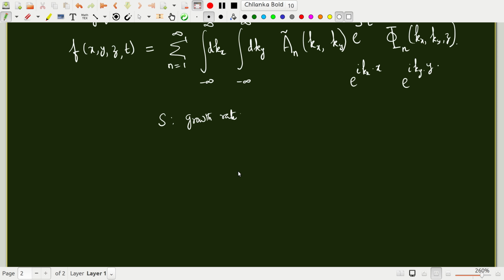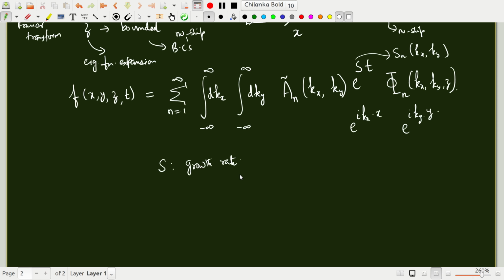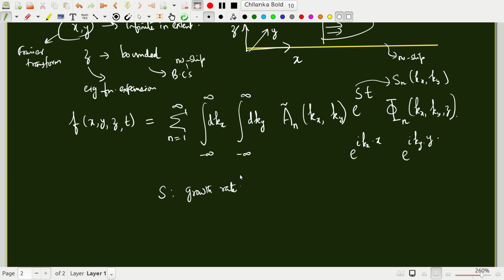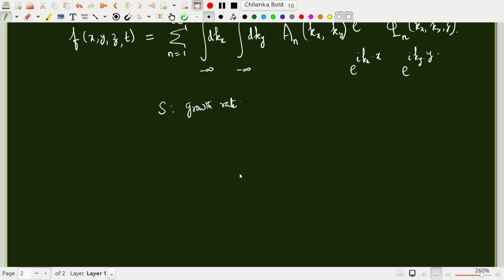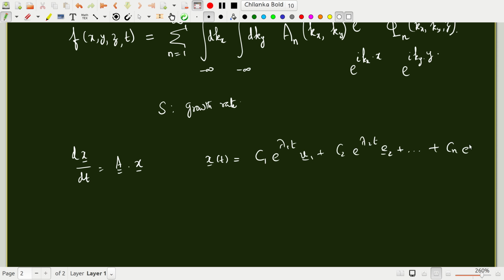Okay, now if you were to solve this, then you will have to specify initial conditions, and we don't want to specify initial conditions. In that context, I told you, in a finite dimensional space, suppose you have some linear problem like this, either you solve this as an initial value problem and write x of t in terms of some eigenfunction expansion, some c1 e to the lambda 1 t v1 plus c2 e to the lambda 2 t v2.